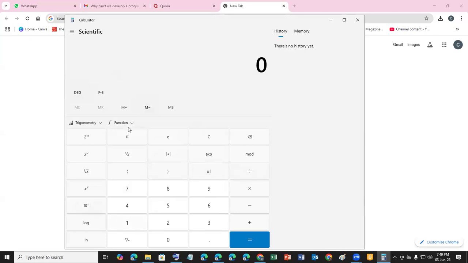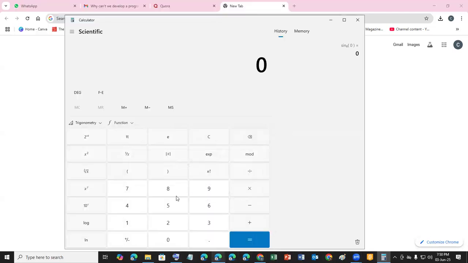So now I'm looking for sine. Under my trigonometry functions, I have sine. Of course, sine 0 is 0. Let me clear the screen and put what I need, which is 1, 7. Hold on, it's not 178 I needed.